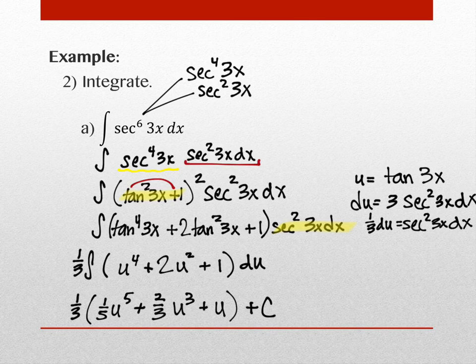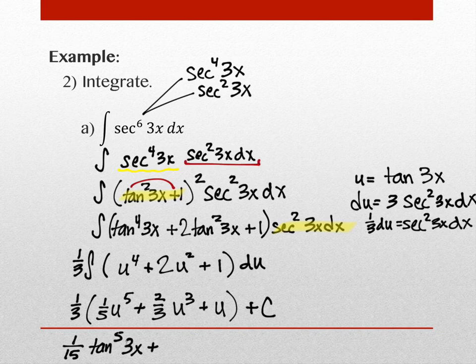I need to distribute the 1/3 through, and I need to replace the u back for tangent, right? So I have my 1/3 times my 1/5. I'll do both of those at the same time. So I have a 1/15 tangent to the 4th of 3x. Plus, now I have a 2/3 times a 1/3. Yes, thank you. Not looking carefully. Tangent to the 5th.